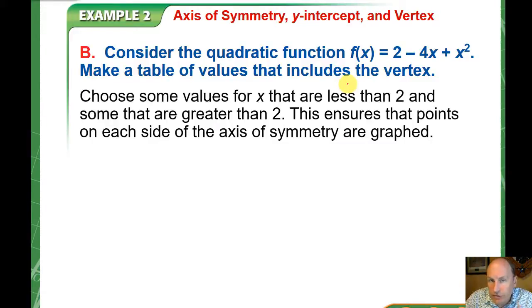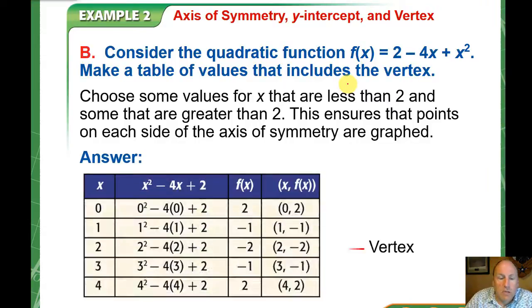So we're going to use x equals 2 as our center point, and we'll pick numbers to the left and to the right of 2 on the number line. Keeping 2 as the center point, we pick 0 and 1, and 3 and 4, on either side, the negative side of 2 and the positive side of 2, for our graph.